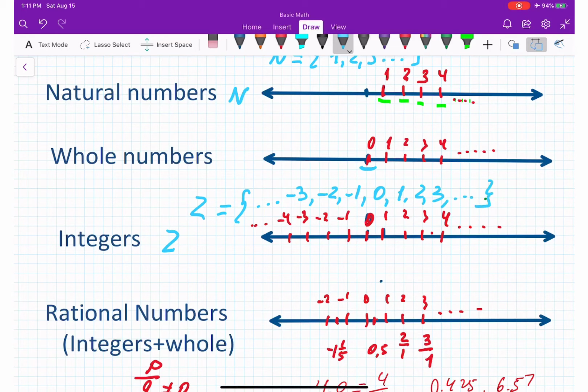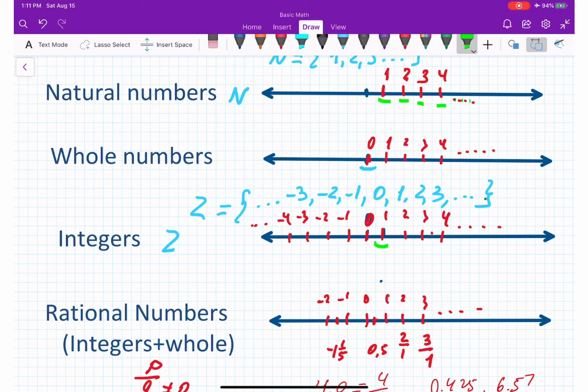So all whole numbers, all numbers without fractions. So from negative numbers, including 0, and continuing to positive numbers. Okay? That's what we call integers. As you can see, integers include 0.